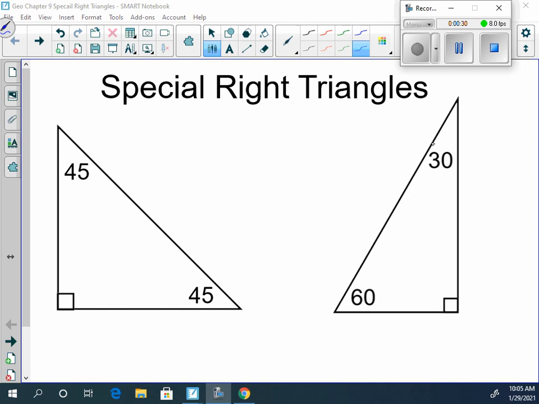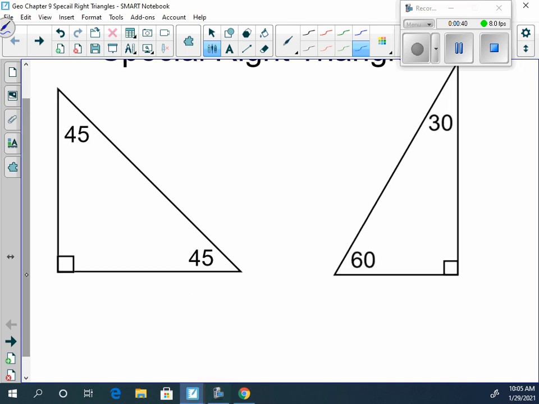Now, one of the big things with these is really figuring out, one, which triangle are we looking at? Are we looking at a 45, 45, 90 or a 30, 60, 90? Because the 45, 45, 90, well, the sides opposite the 45 degrees are going to be the same. Whatever value they have, they're going to be the exact same.